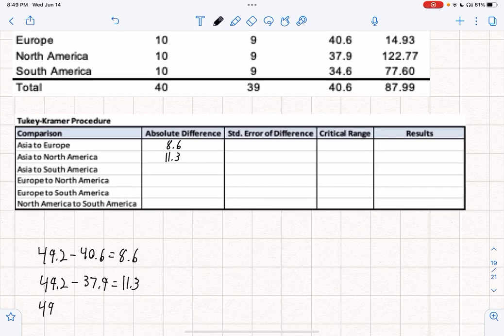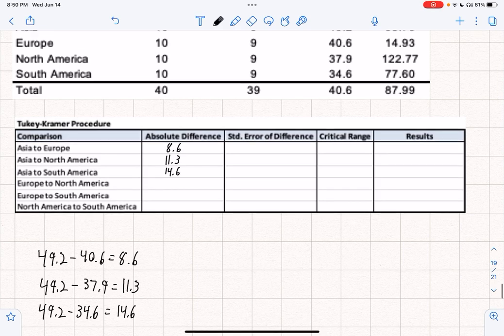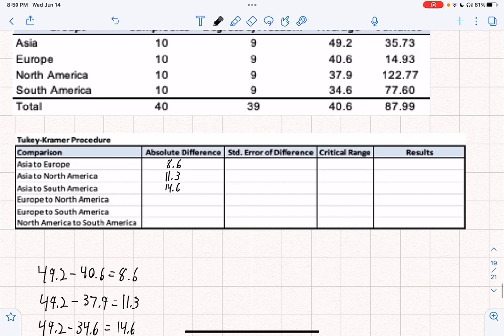This is Asia minus South America, so 49.2 minus 34.6, that's 14.6. Europe to North America, so that is 40.6 minus 37.9, which is 2.7.